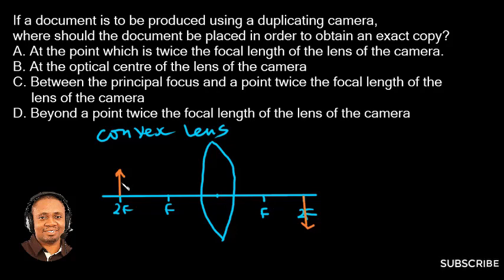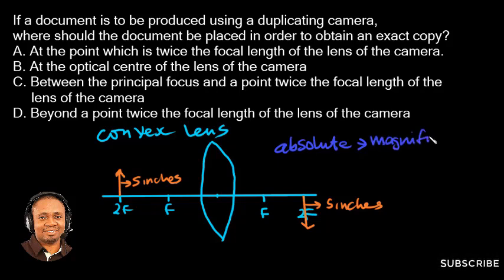So if the object is 5 inches, the image too will be 5 inches. That is to say that the absolute value of magnification is exactly 1.